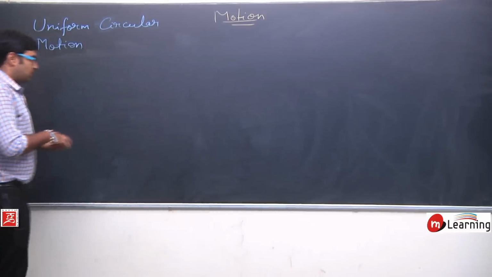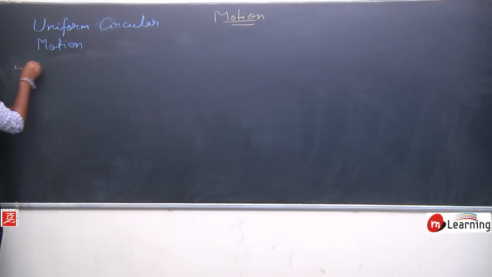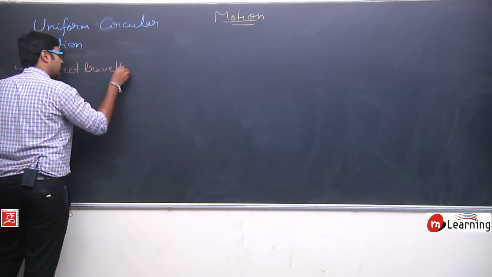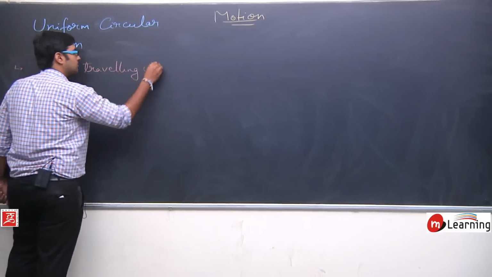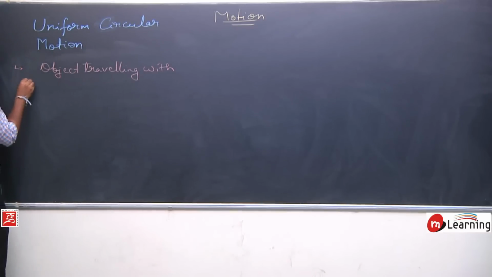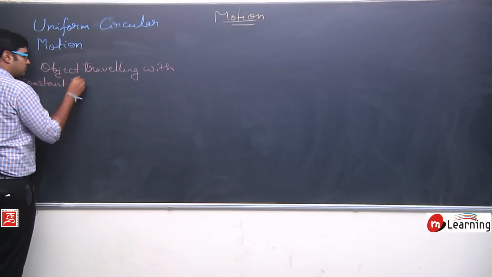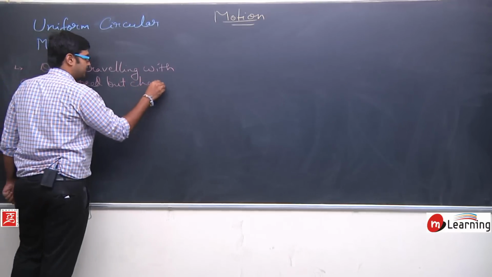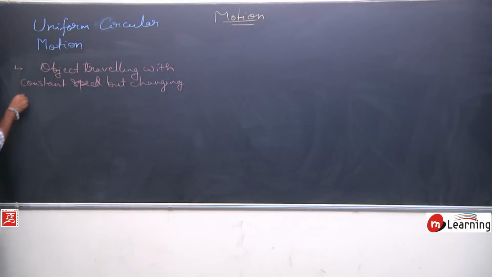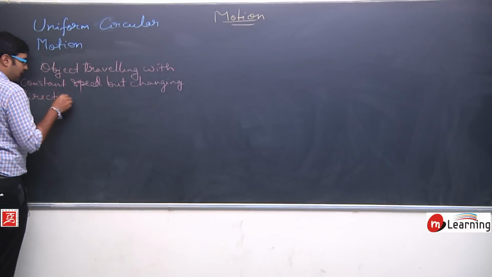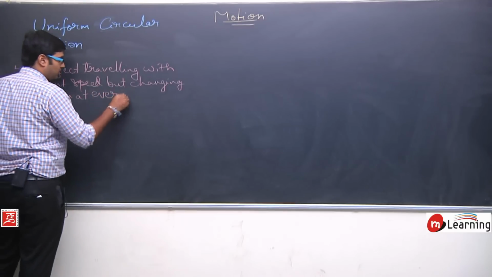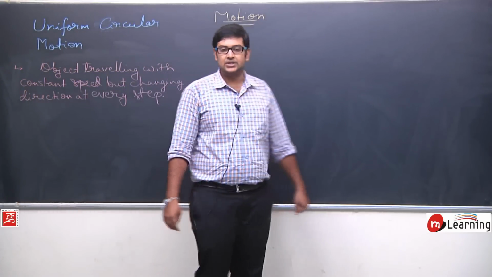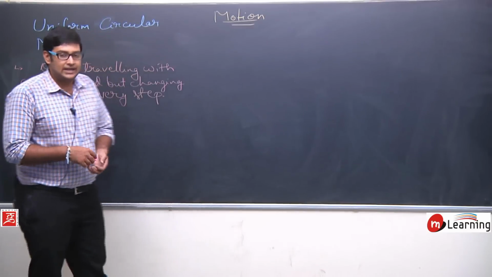So if the object is traveling with constant speed but changing direction at every step, at every moment the direction of the object is changing. So we can see that the velocity is not constant.